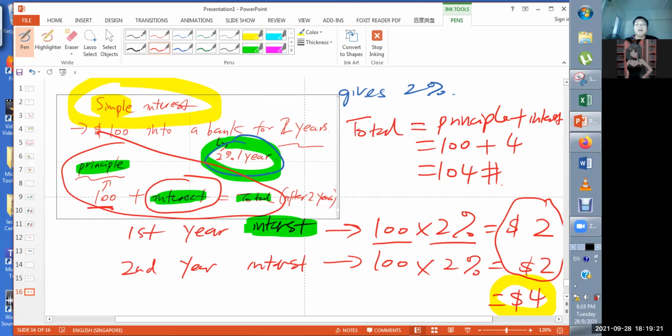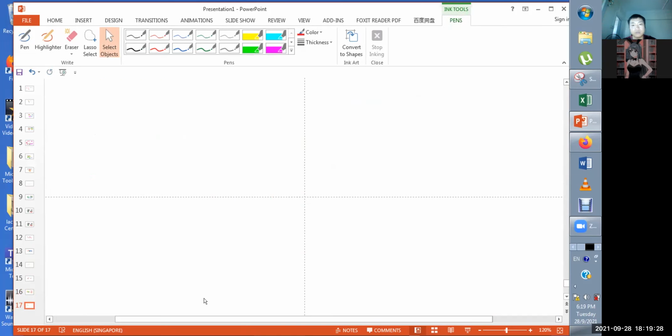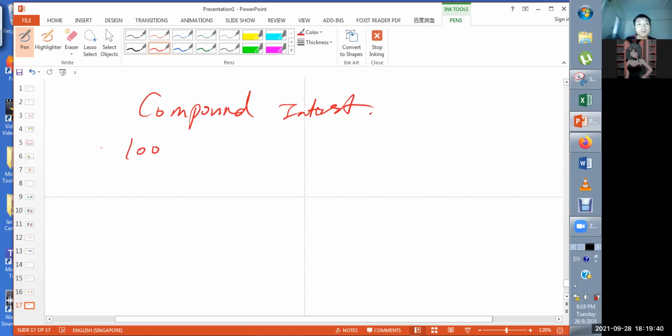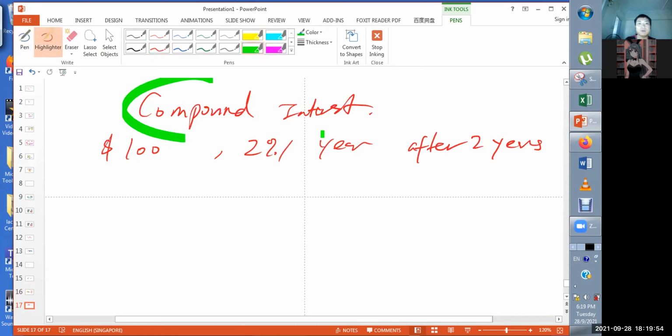Now, let me address your concern just now. That one is called compound interest. Same example. In fact, the question will tell you whether it's compound interest or simple interest. $100, 2% a year, after 2 years. Terms and conditions are the same except compound interest.